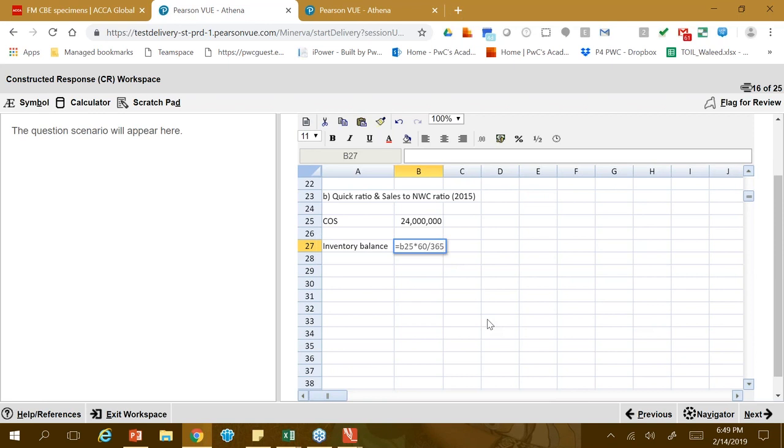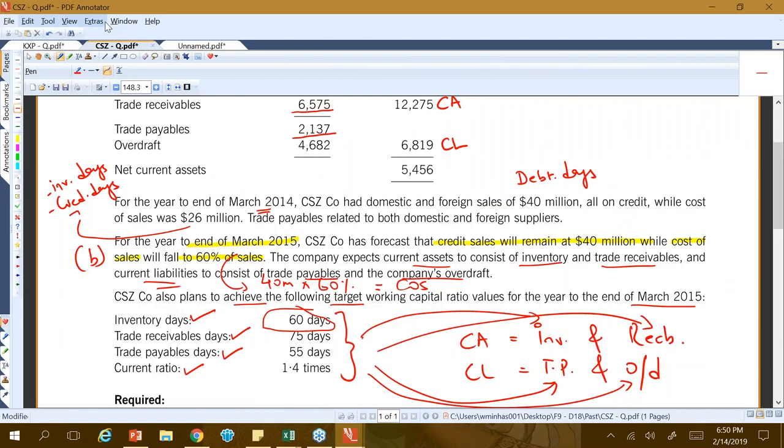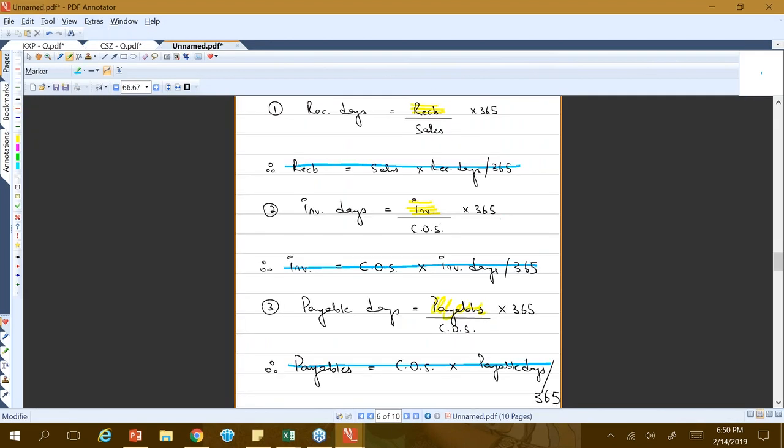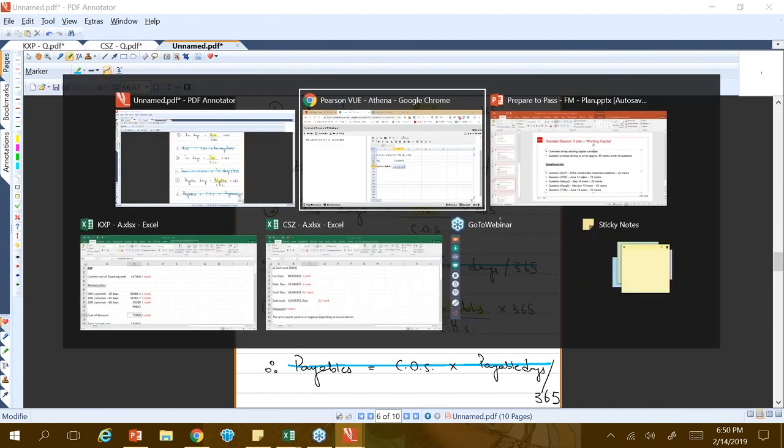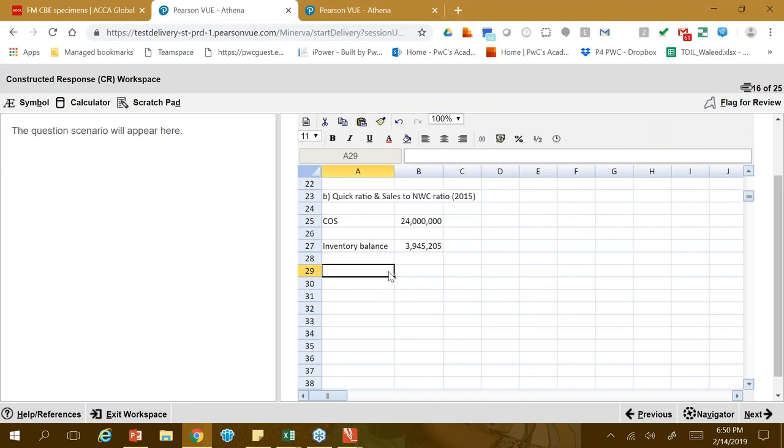Inventory balance is equal to cost of sales into inventory days over 365. You need to keep these calculations in mind to be able to do this well. And this gives me the inventory balance, which comes out to be 3945205.